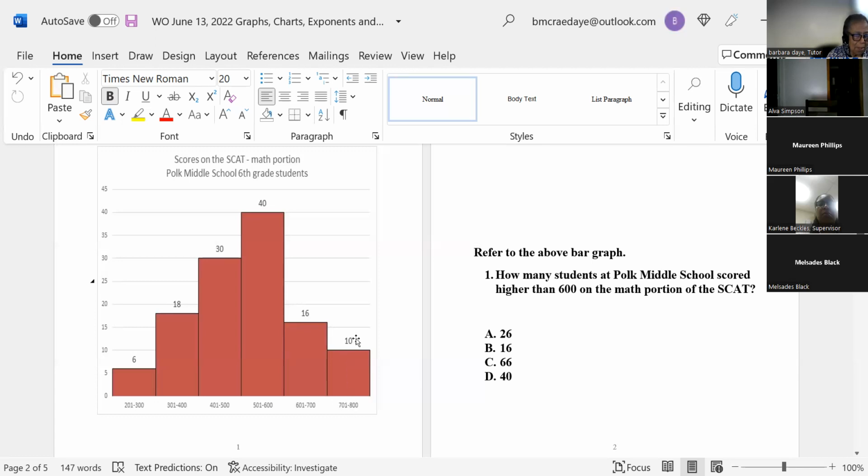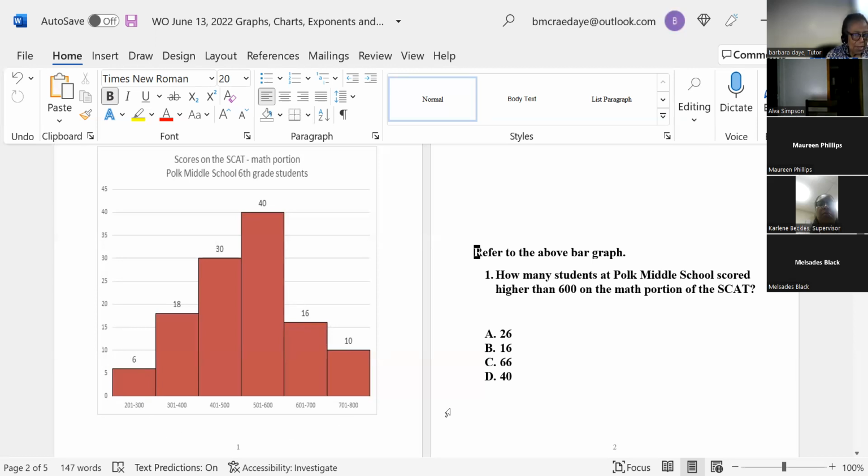What is that number? 10. You just read it off the top, right? Yes, 10 students scored between 701 and 800. All right. How many students scored between 201 and 300, Alva? 6, right here. Very good. Between 201 and 300, you had 6 students.